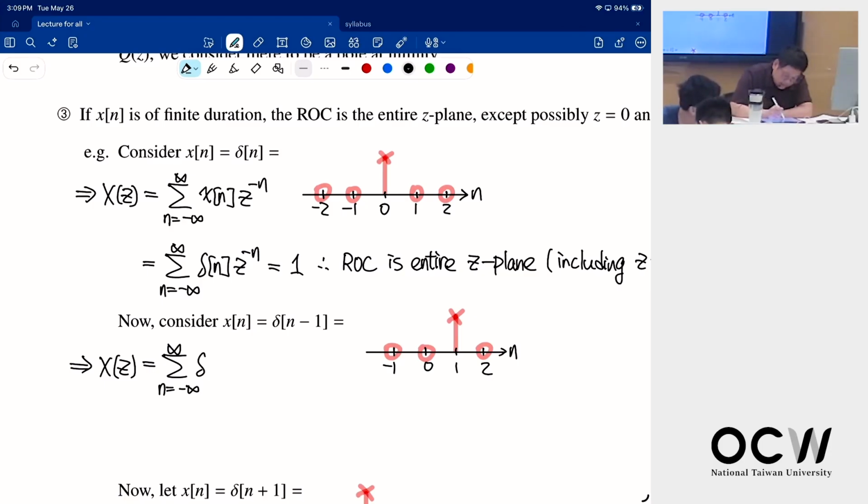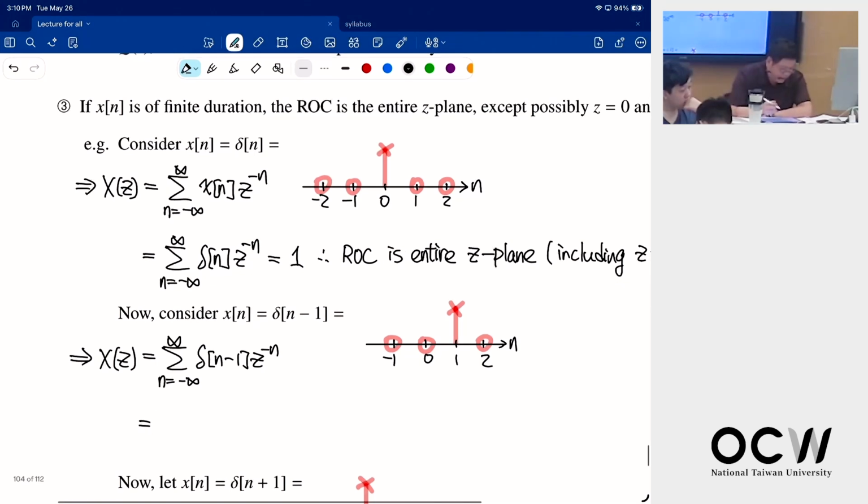Here we have delta[n minus 1] times Z to the minus n. Then here we have Z to the minus 1, right? This is 1 over Z.